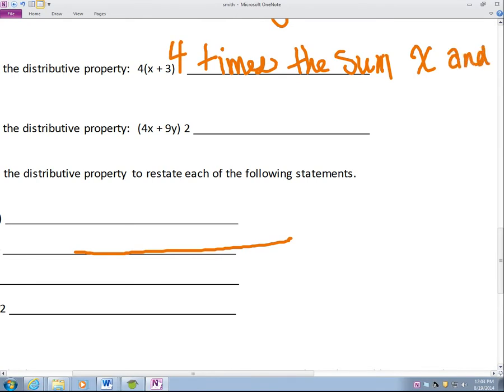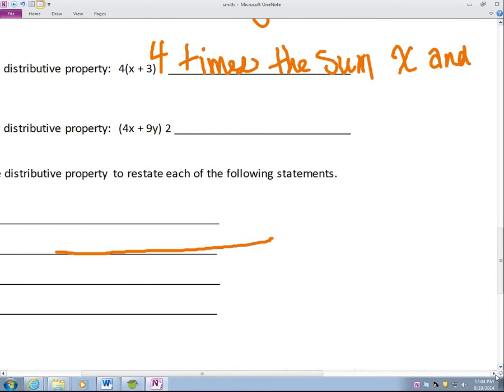X and 3. 4 times the sum x and 3. 4 times the sum of x and 3. That's an of. Ugh.